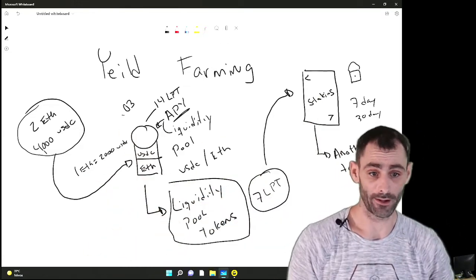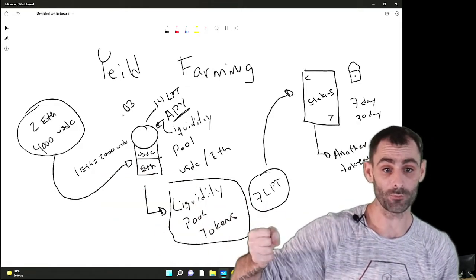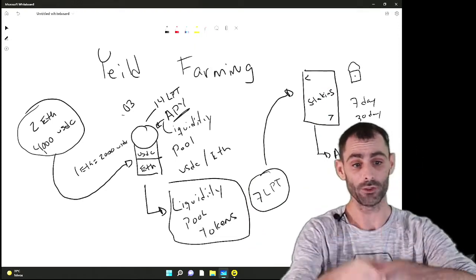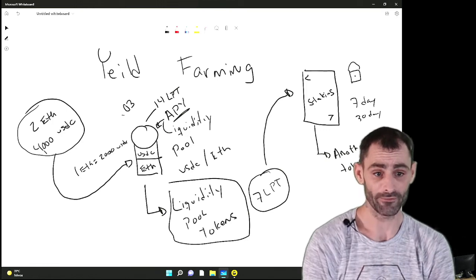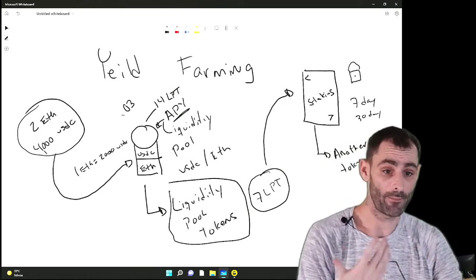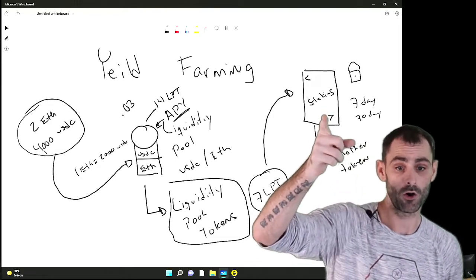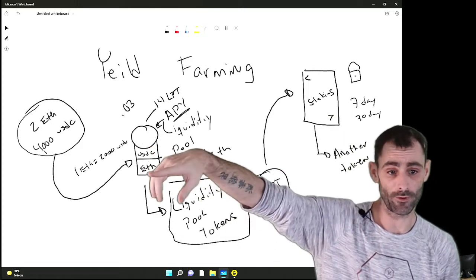Instead of just holding on to the asset, why not provide liquidity, take the liquidity pool tokens, and give them to us over here, and we'll pay you rewards on top of those. You can make some extra money. If you want to remove your liquidity, just let us know and give us back our tokens, and then you can go remove your liquidity.